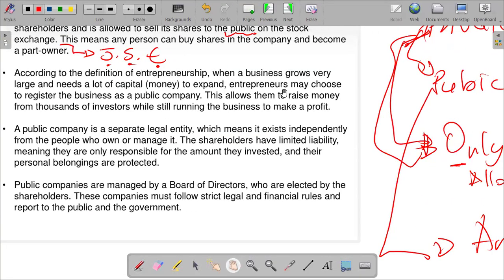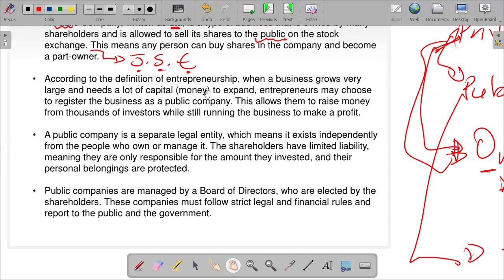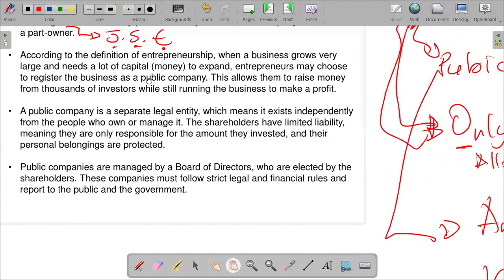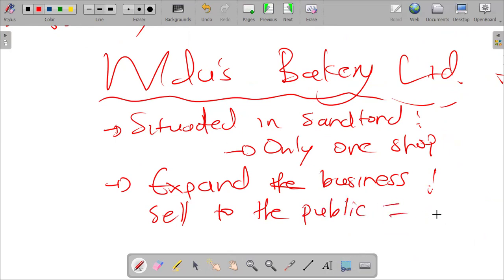I want you to understand this before we go there. If we want to expand the business, what do we do? We sell to the public. To do what? To gain profit.